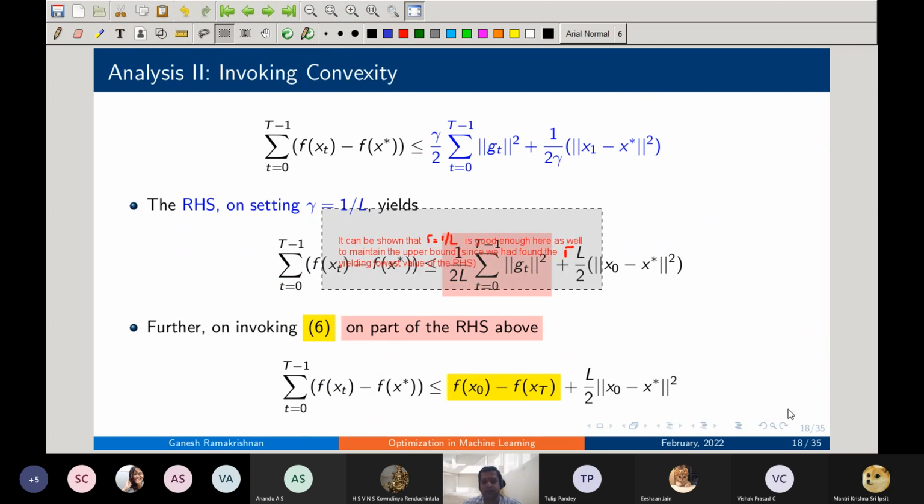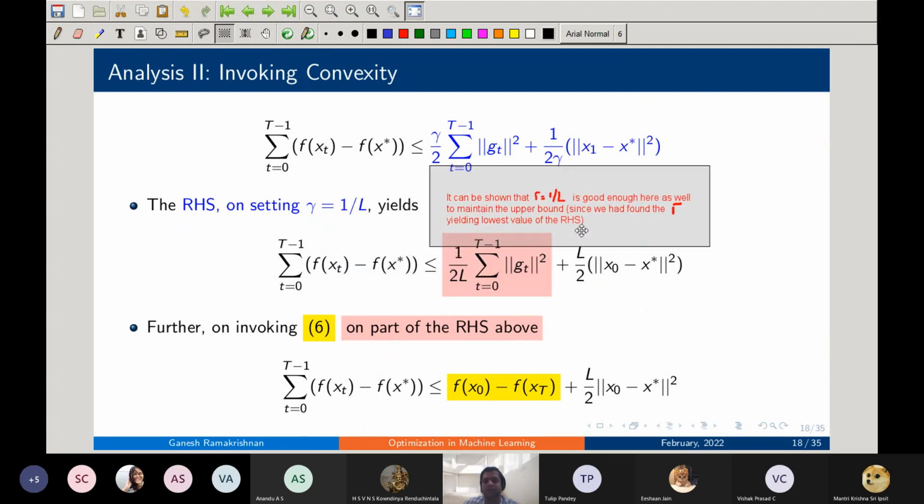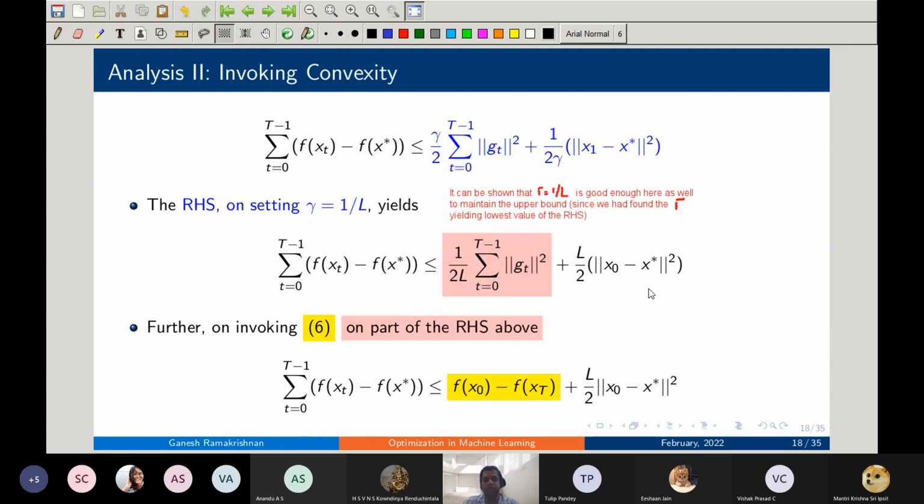So I'm just copy pasting this argument here. With that, gamma by 2 becomes 1 by 2L, and 1 by 2 gamma becomes L by 2. So hope this is all fine.